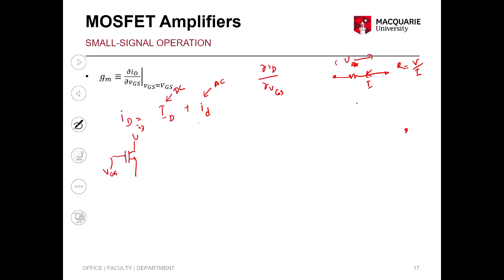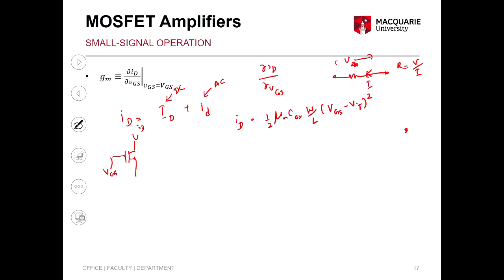Now ID is given by half mu n Cox W over L (VGS minus VT) squared, in the saturation region, assuming you satisfy those conditions.